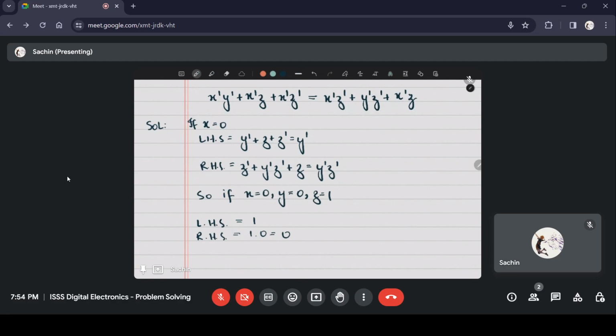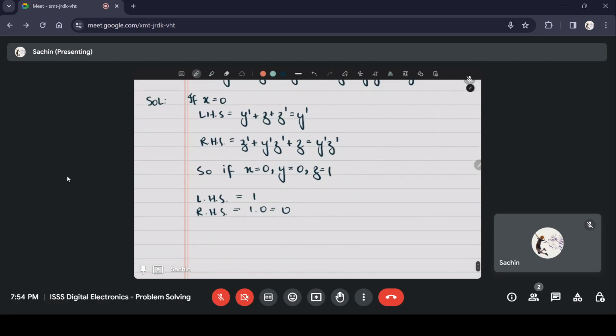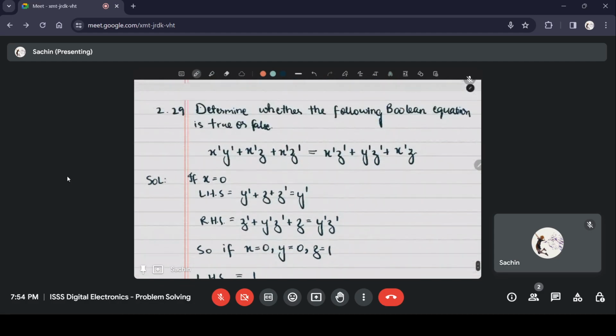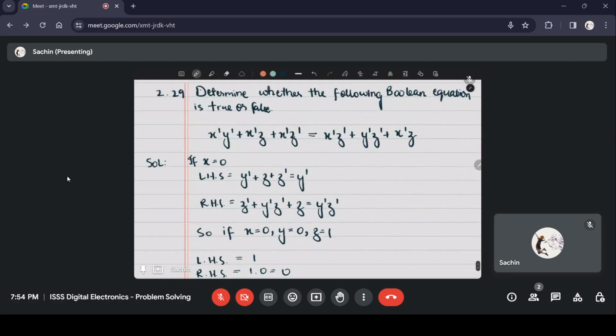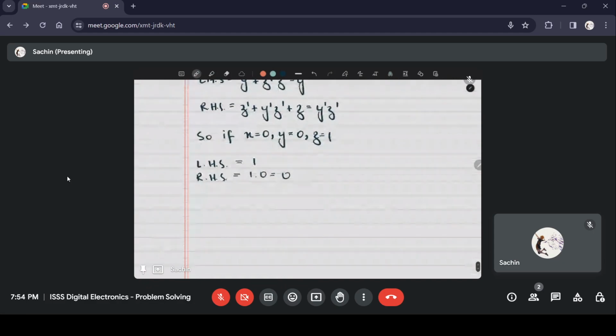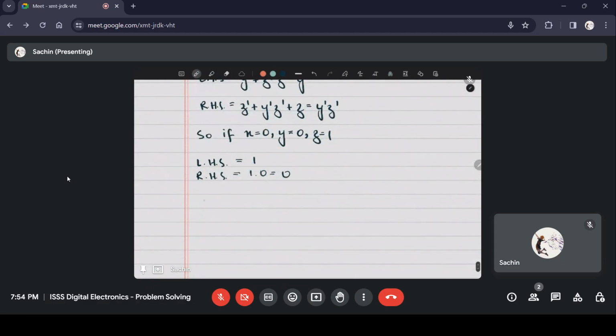So for this input combination 0 0 1, the LHS is 1 and RHS is 0. So those two algebraic expressions are different. They are not equivalent. So the following Boolean equation is false.